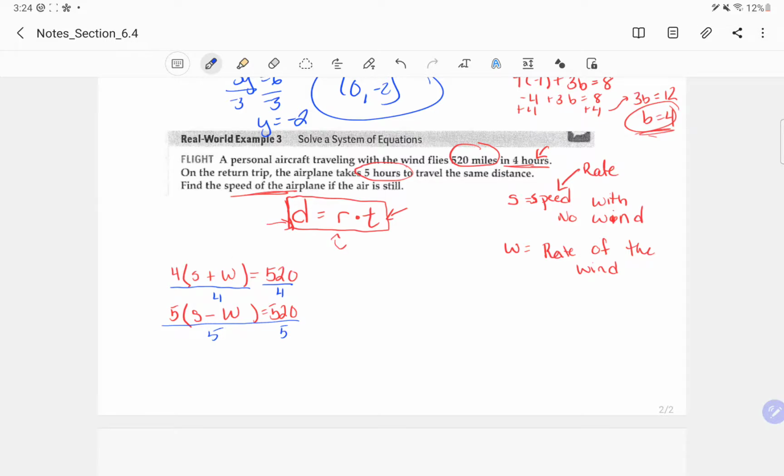So then this equation becomes, the 4's cancel, S plus W equals, and then you take 520 divided by 4, and you get 62.5. All right. Then we're going to take 5. These 5's cancel, and we end up with S minus W equals, and then you have 520 divided by 5.